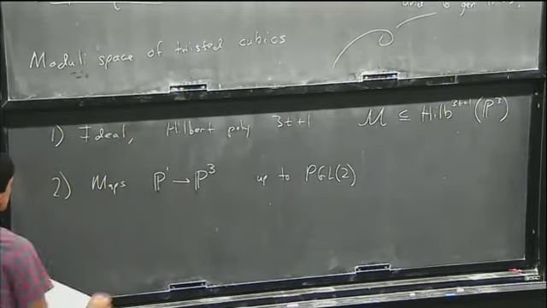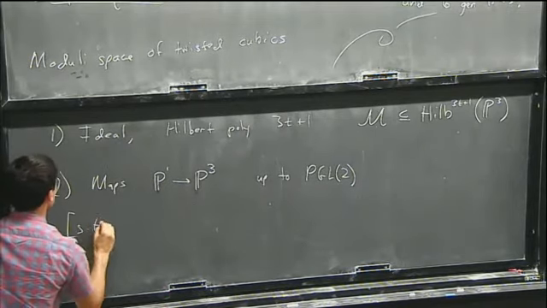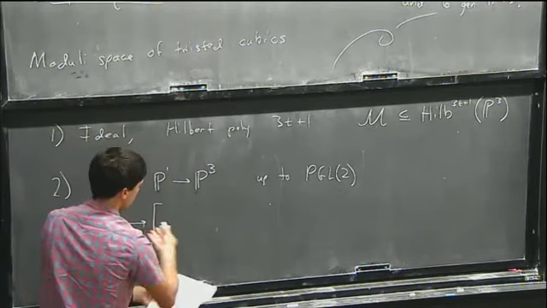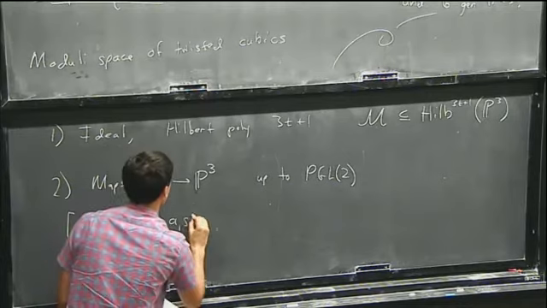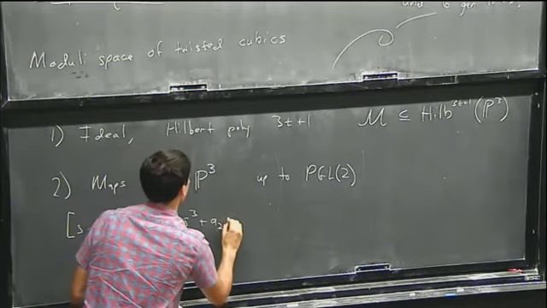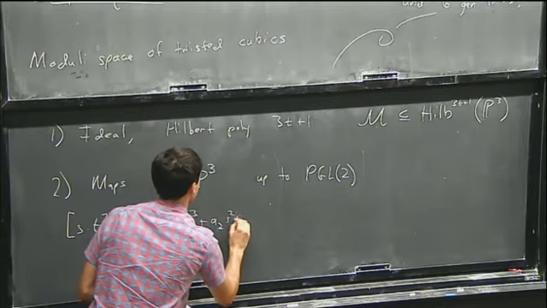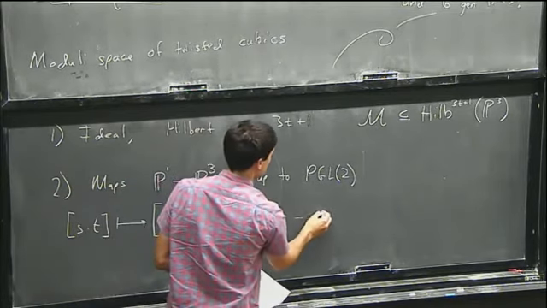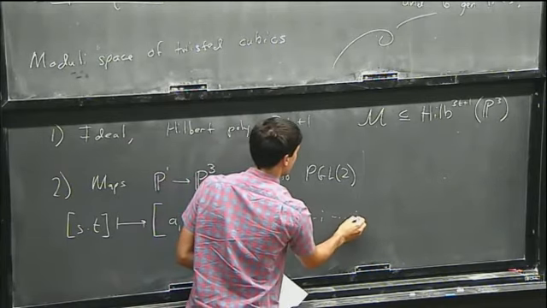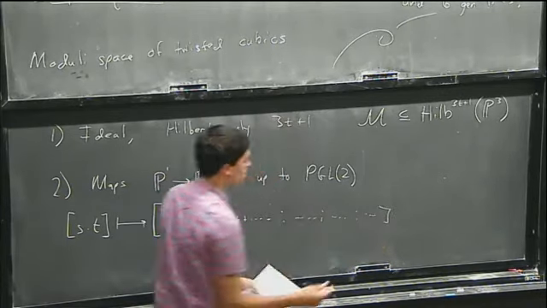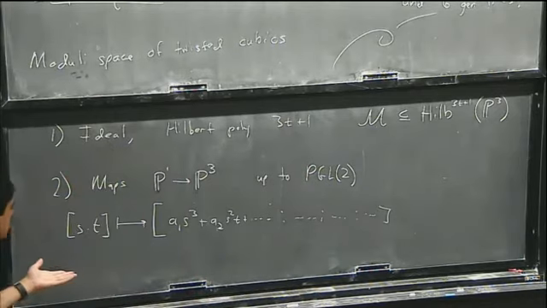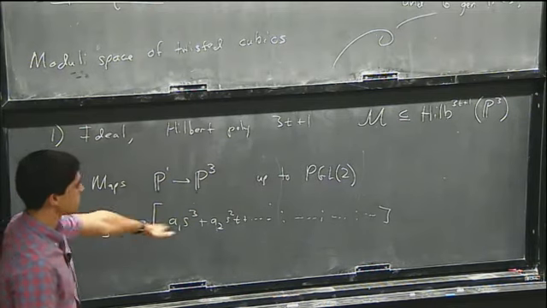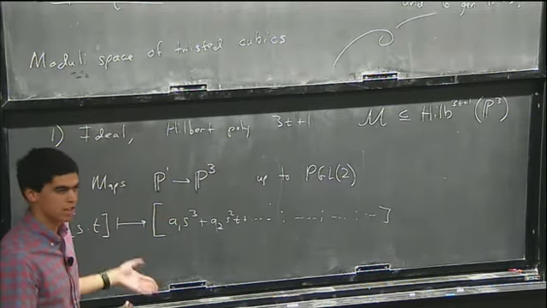If you try to write down such a map, what does it look like? (s:t) maps to a long expression, something squared t plus so on. There are 4 of these polynomials, each of which has 4 coefficients, for 16 coefficients altogether, except that if you scale them all simultaneously, it doesn't change the map.